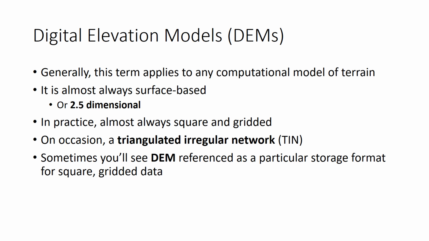Even though we're going to look at some things called triangulated irregular networks, or TINs, as examples of digital elevation storage, most DEMs, and when most people use the term DEMs, they're going to be referring to this rasterized product. Once in a while, you'll see a DEM reference a particular storage format for square gridded data. So it would have something like a .dem file extension. That has gotten to be extremely rare.